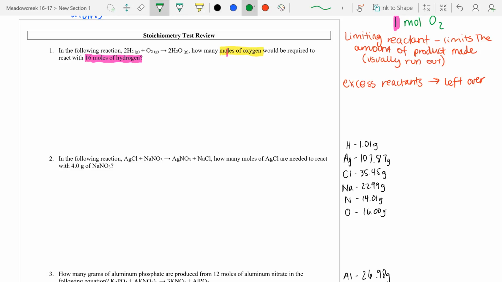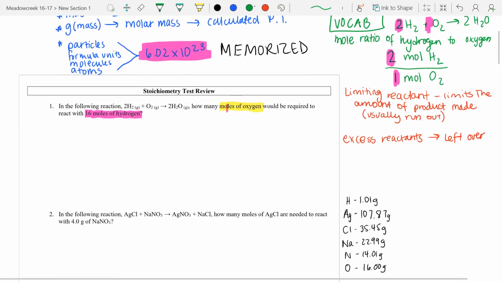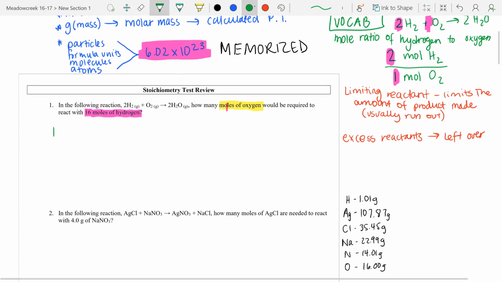So what we're going to do is follow these steps exactly as we wrote them. The first step is given. They give us 16 moles of hydrogen. Now hydrogen in our problem is H2 because it's diatomic, so I'm going to write that, H2.